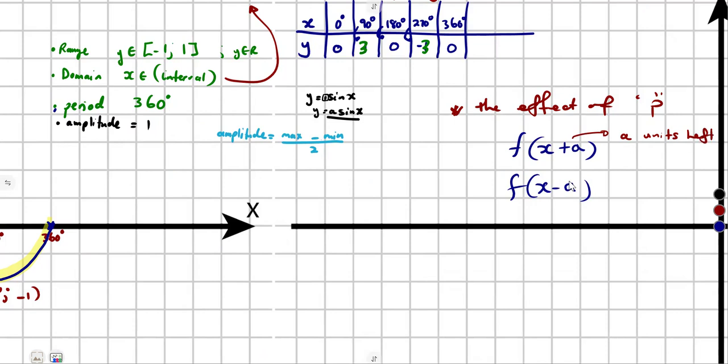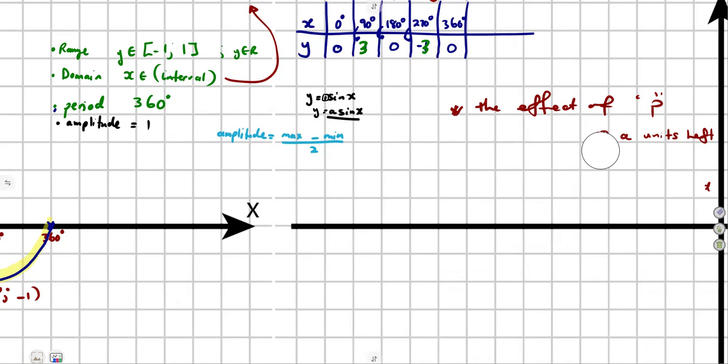A minus opposes the way, so you take it to the right, a units to the right. Or simply solve to say, x minus a is equal to 0, so x is equal to what? A positive, I'm going to the right. X is equal to negative, I'm going to the left.